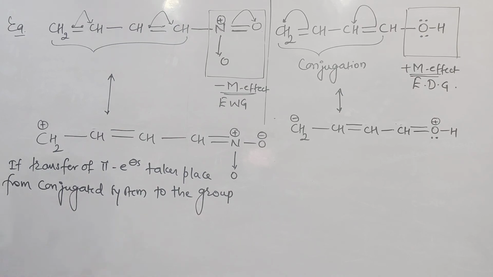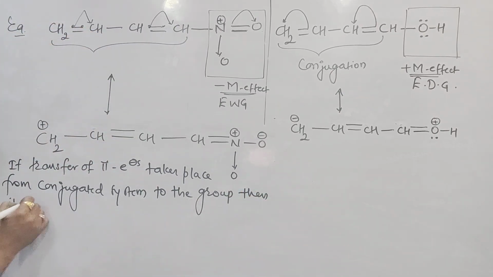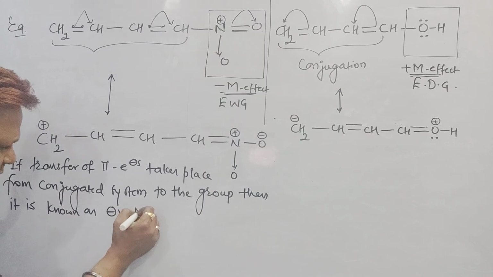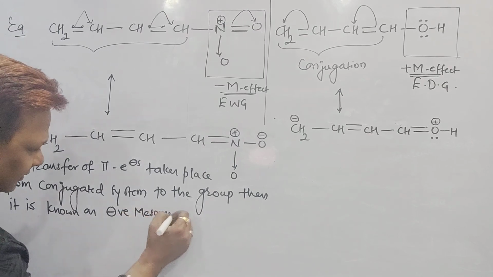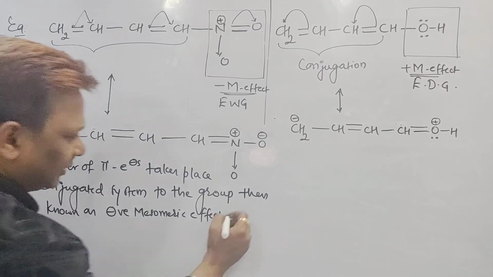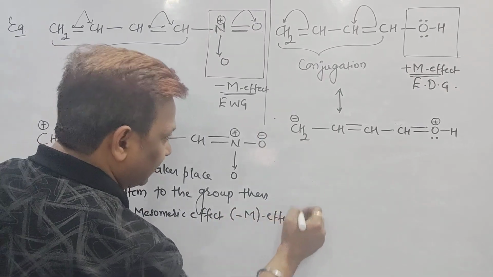Then it is known as negative mesomeric effect. A negative mesomeric effect is called what? M effect, minus M effect.